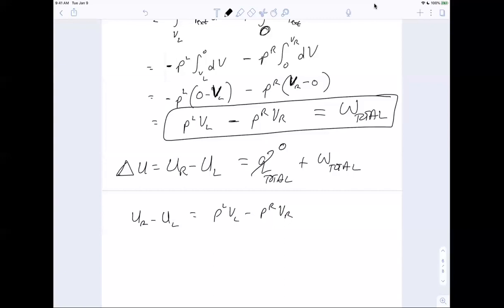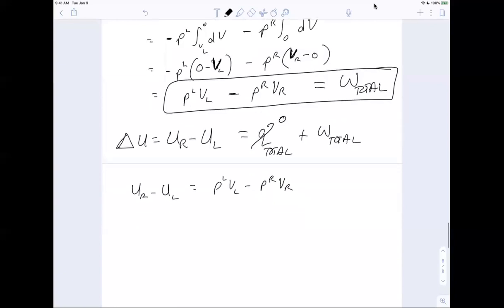Okay. So what I'm going to do now is bring everything over to one side. I'll keep the U's on this side. So this is UR, and then I'm going to bring the PR VR term and lump it because that's all for the right. And then we have the UL terms. The UL terms I'm going to also bring over to the left, and I'm going to lump together everything with an L. So this is going to be minus UL minus PL VL is equal to 0, because I brought everything over to the left.